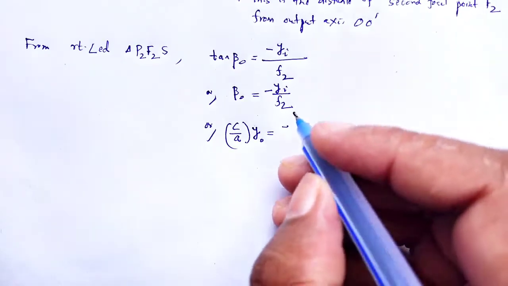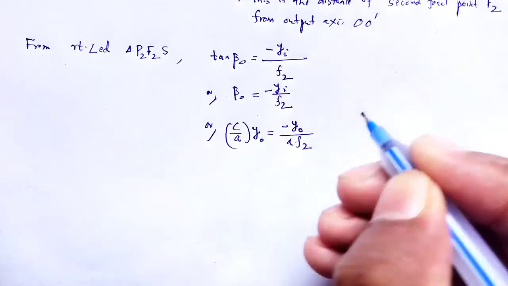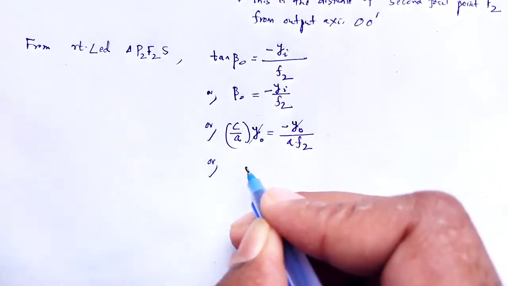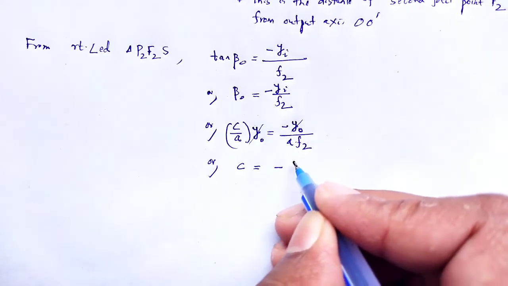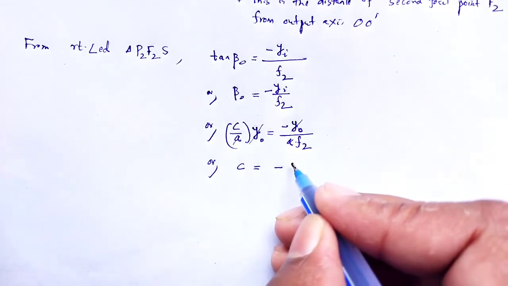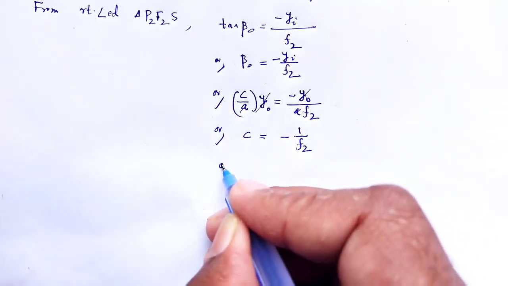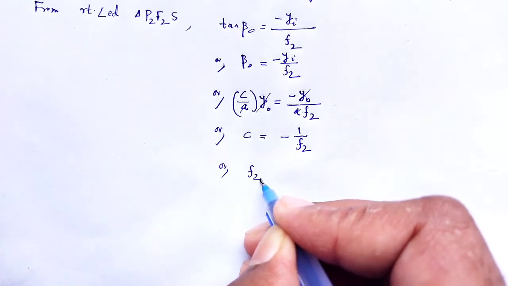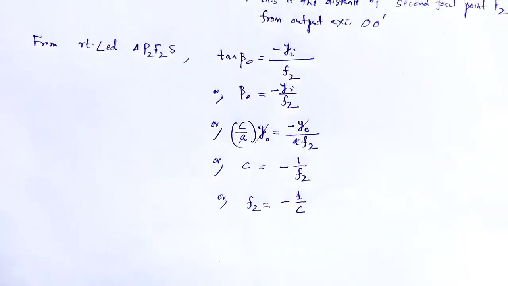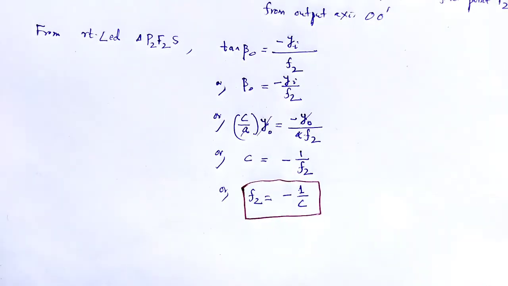So y naught divided by A F2, y naught cancels out, A cancels out, so C is equal to minus 1 by F2. Therefore F2 in terms of system matrix is minus 1 by C. This is the second focal point.